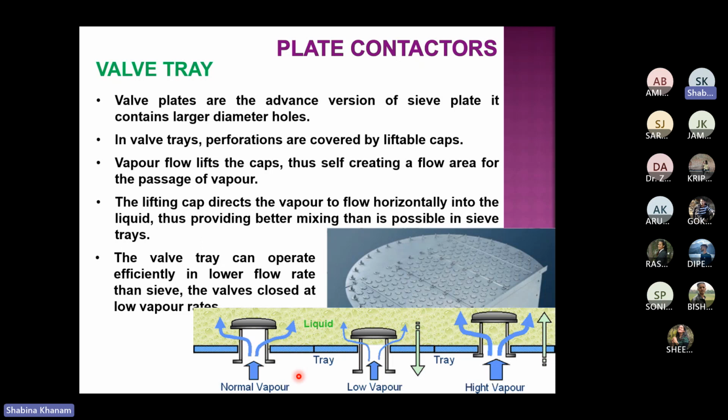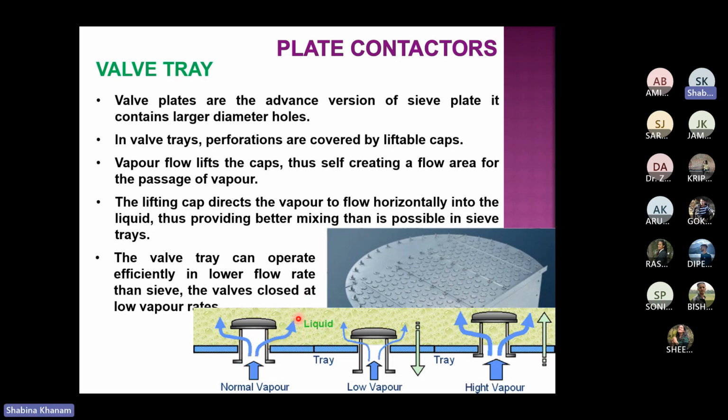So what is the phenomenon for the liquid to stop coming to the holes? Because this cap will only move up with the vapor, it has nothing to do with the liquid. As the vapor moves up, it lifts the cap.